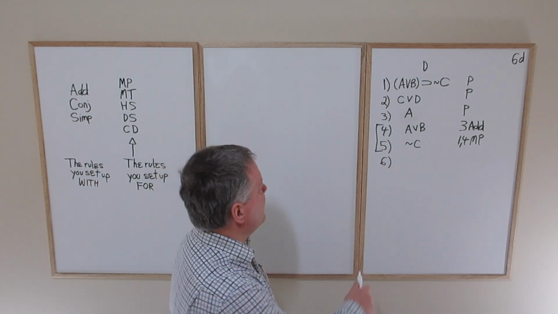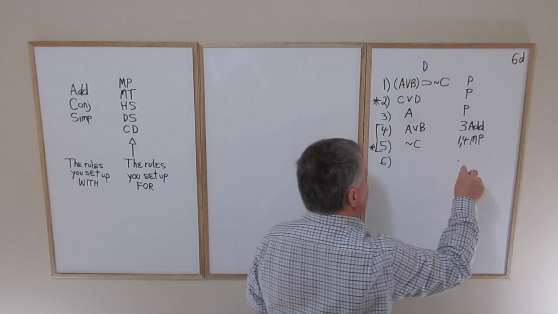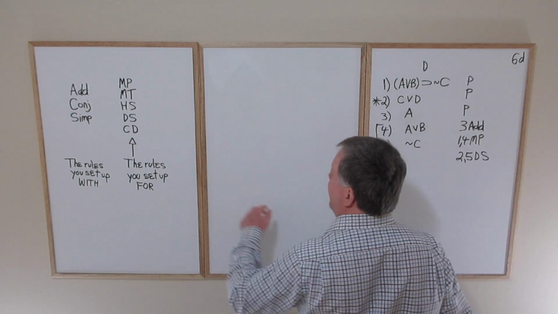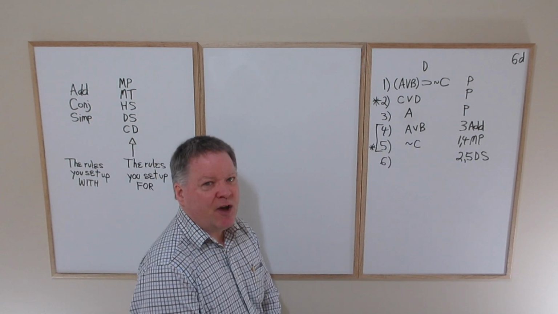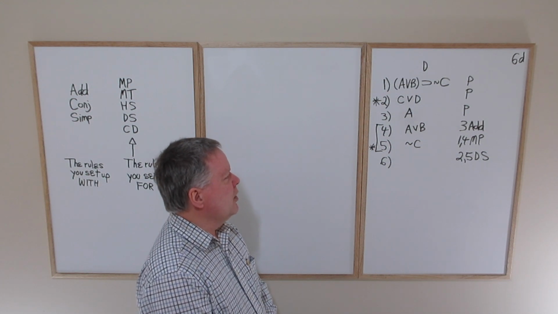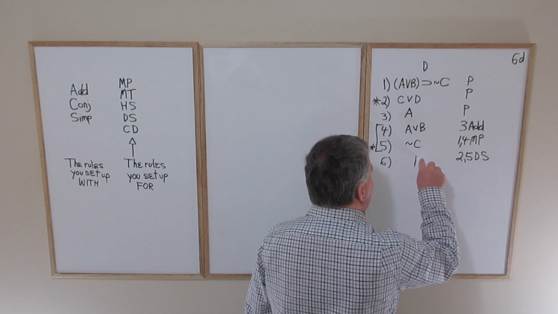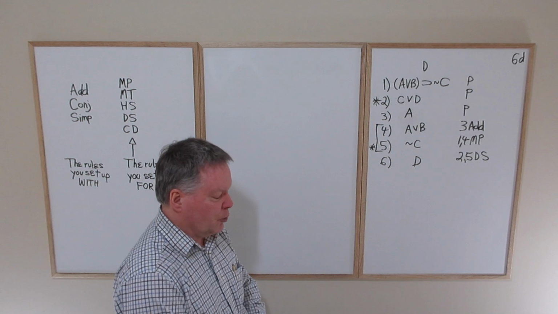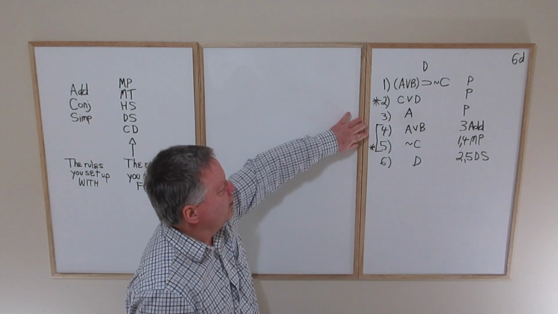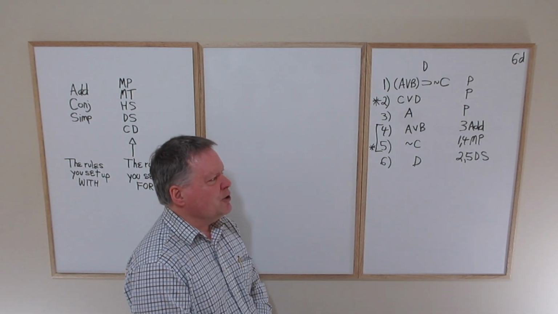Once we've done that, then one of the rules you set up for is available to us, namely 2, 5 disjunctive syllogism gives us the other disjunct, and we're done. So that's a fairly straightforward proof where we made strategic use of the addition rule.